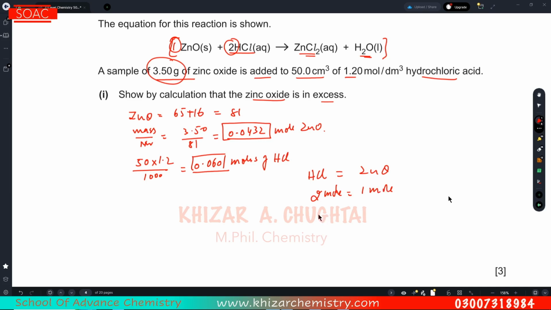And now at the moment we are using 0.06. Then what about the mole of ZnO? It will be equal to 1 by 2 into 0.06. I mean that is equal to 0.03 mole will be used.